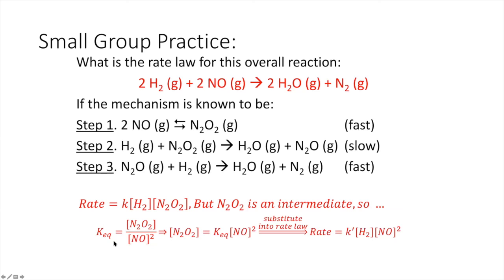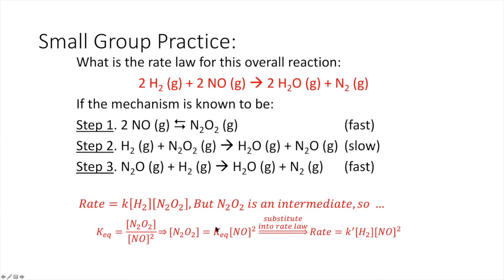Rearranging that and solving for the concentration of N2O2, you get that the concentration of N2O2 is equal to the KEQ times the concentration of NO squared. We just multiply both sides by the concentration of NO squared. Now you just substitute that into the rate law, right there.